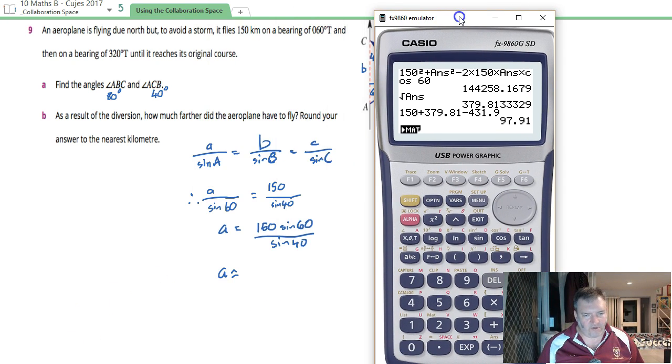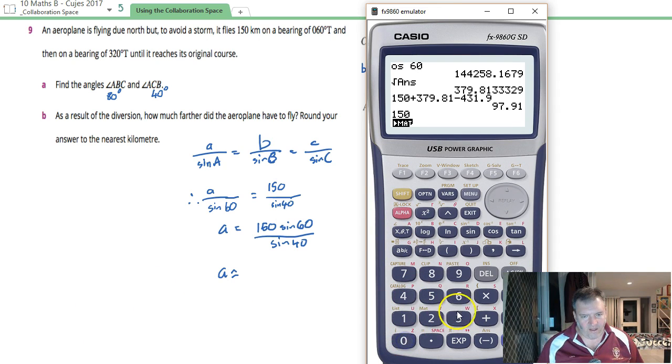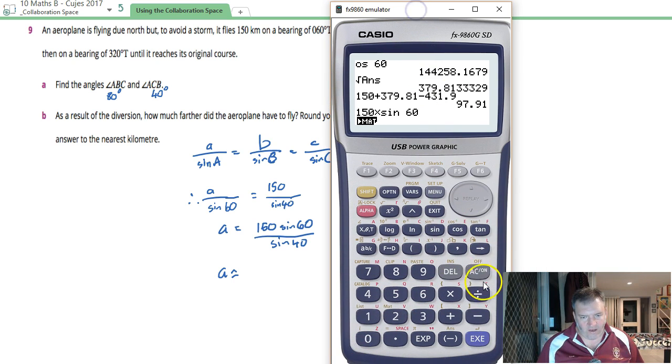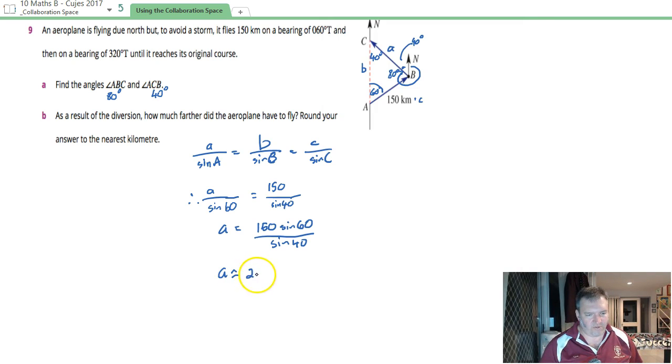Calculators out, making sure you're in degrees mode. 150 by the sine of 60 divided by the sine of 40. And we've got 202.09 kilometres for A. How do I go ahead and find B?